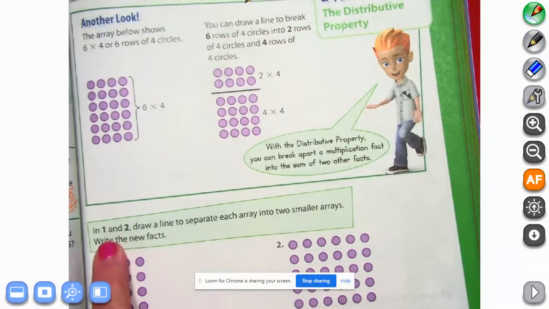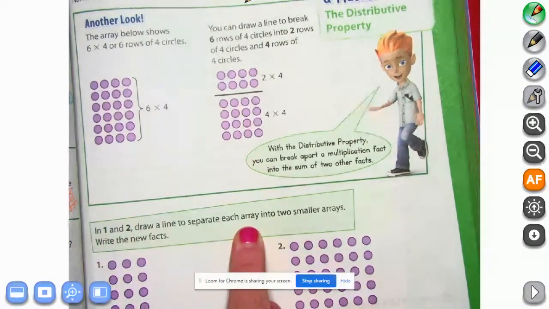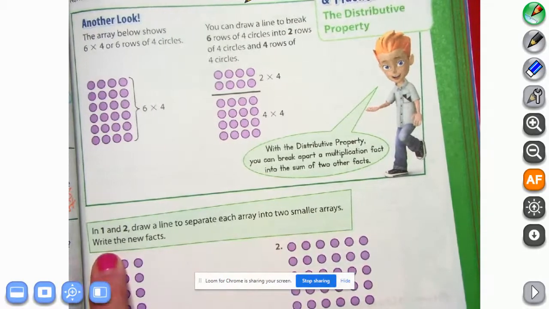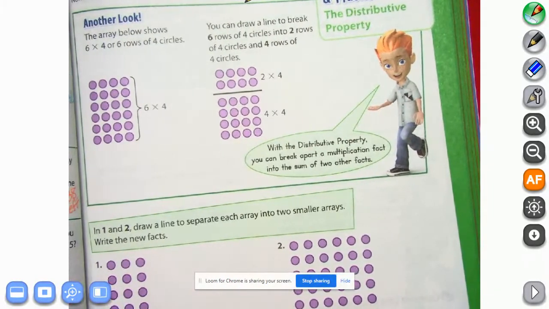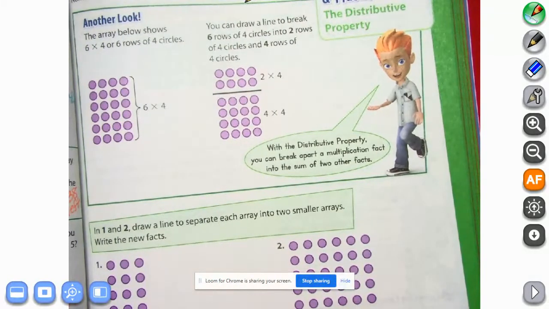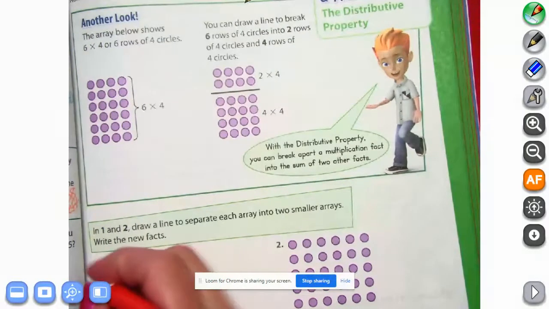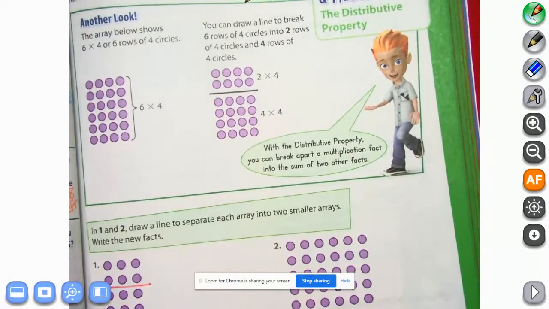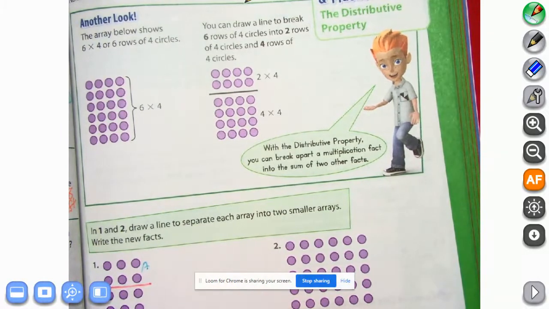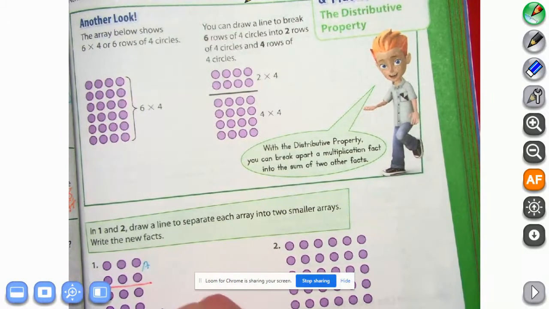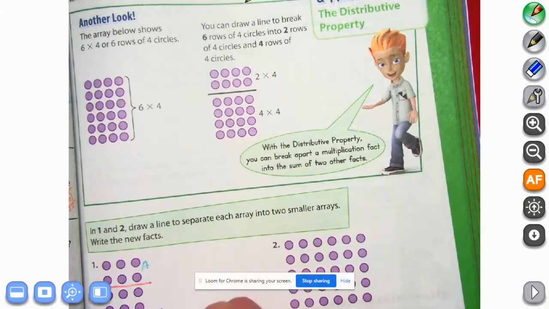In 1 and 2, draw a line to separate each array into 2 smaller arrays and write the new facts. So this is an array of 4 by 3. And an easy way we could separate it would be just to separate it right in the middle. So this one up here, letter A, is 2 by 3.